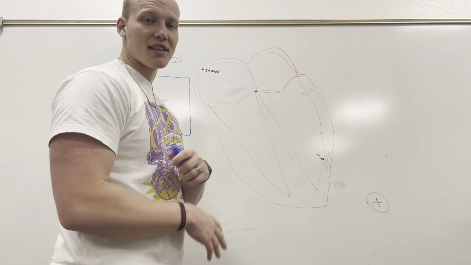And because of the way the heart is shaped, we're going to get an average vector heading up in that direction, which would be a negative tail heading towards a negative. So that was NSTEMI, we'll look at STEMI now. STEMI is ST elevated myocardial infarction. So what happens is we have a negative going towards a negative.